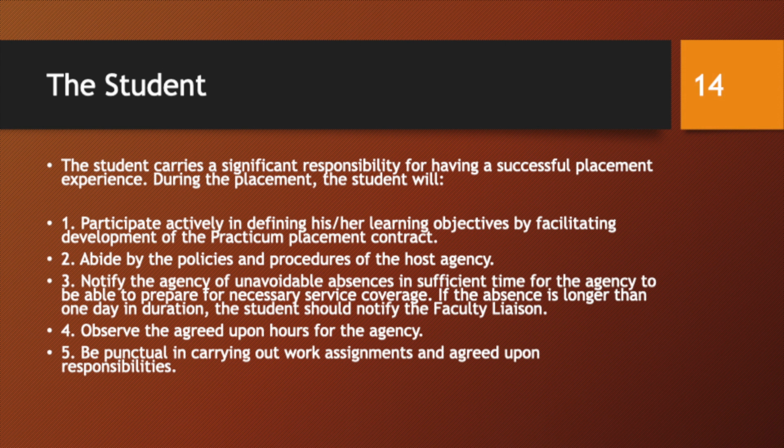The student will abide by the policies and procedures of the host agency. Additionally, the student is responsible for notifying the agency and you, the practicum instructor, of any unavoidable absences in sufficient time for the agency to be able to prepare for necessary service coverage.